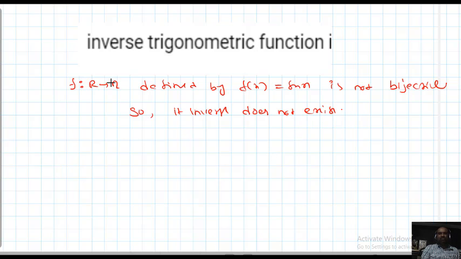Okay, now what should we do? We need to modify the domain and codomain.